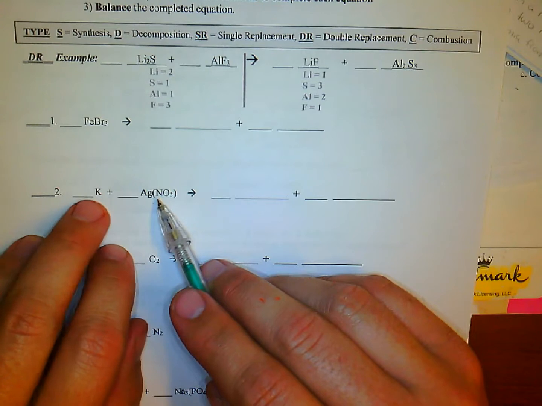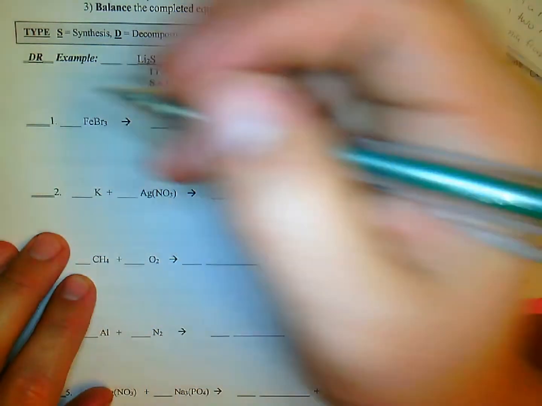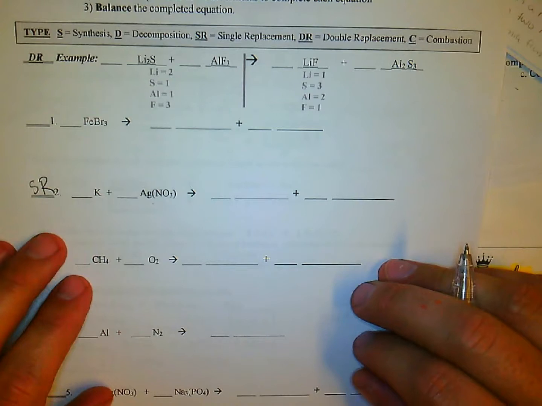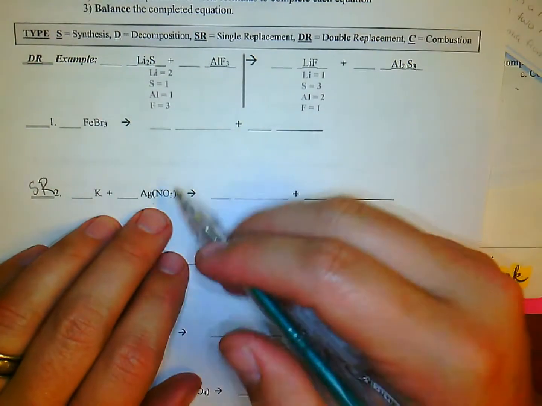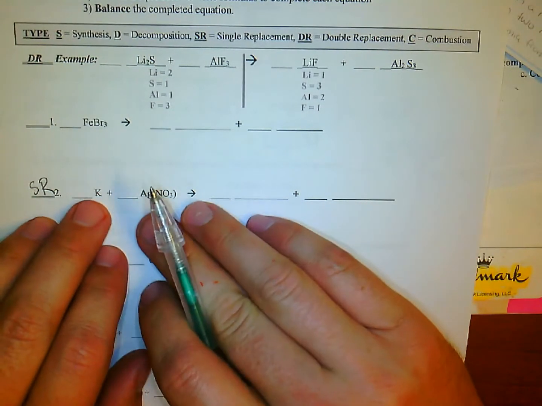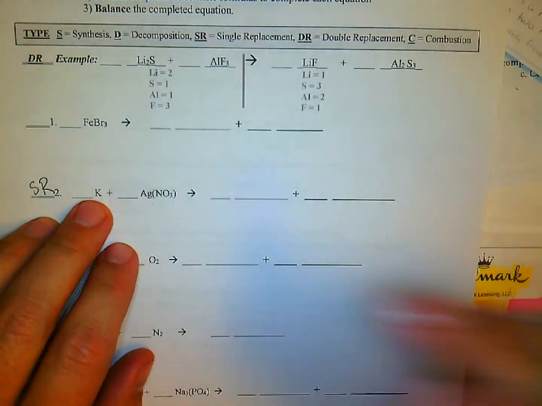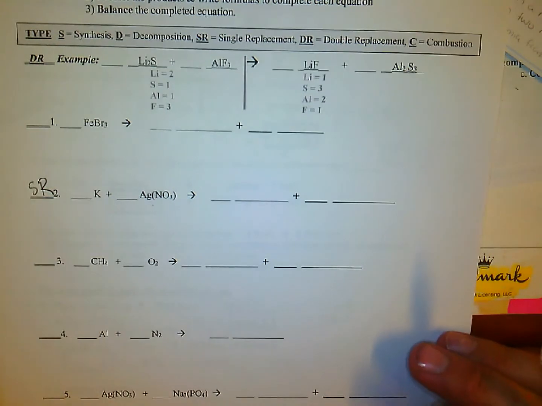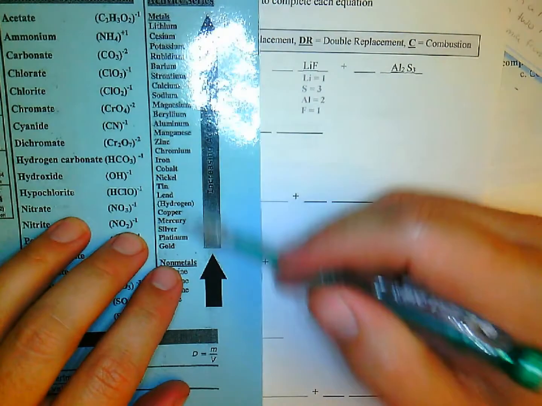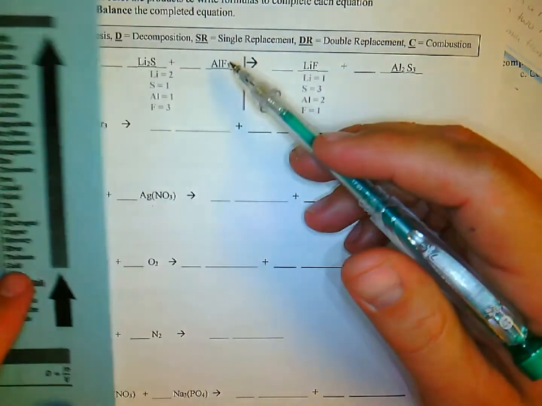Remember, if you have an element and a compound, that is a single replacement. If it is a single replacement, you need to look at the activity series on your periodic table. If I pull my periodic table out, I have to look at this activity series to determine if the reaction will occur or not.